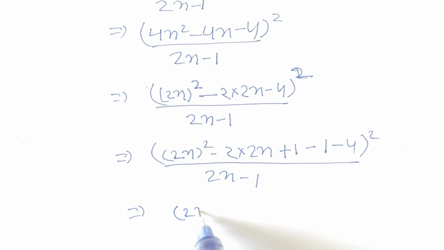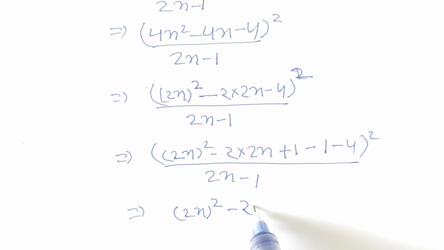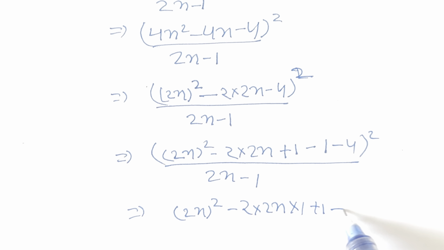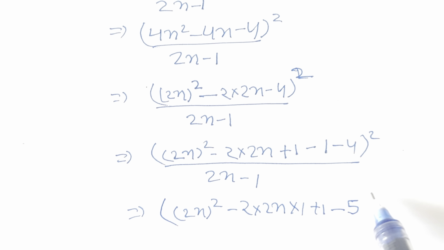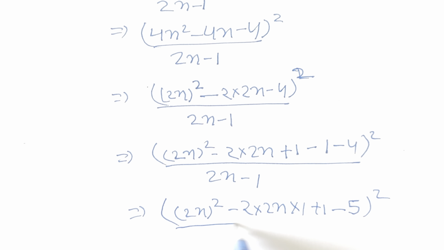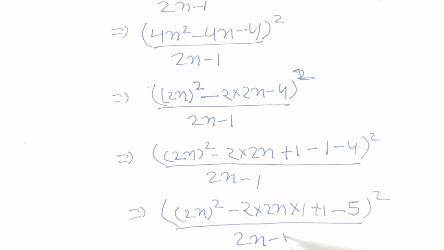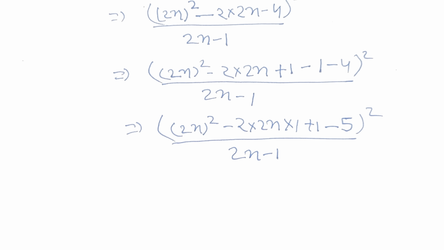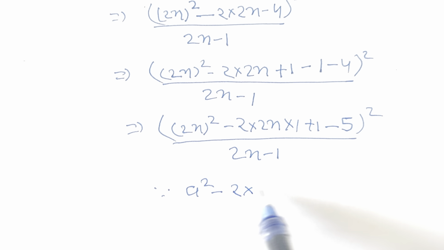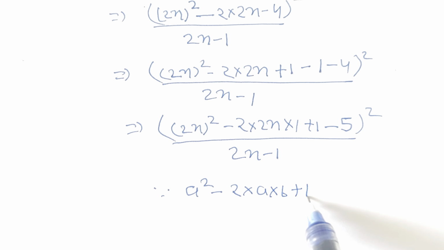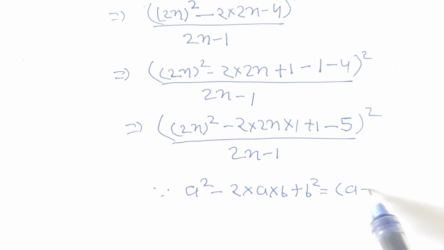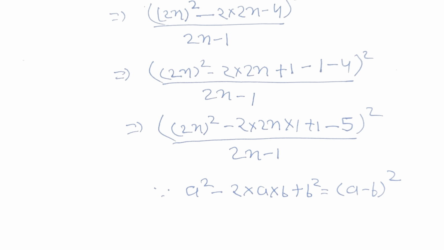I simplify again: (2n)² − 2 into 2n into 1, this will be the same thing, plus 1 and minus 1 minus 4 will be minus 5, the whole power 2 divided by 2n − 1. Since a² − 2ab + b² is equal to (a − b)². Why do I bring this formula now?